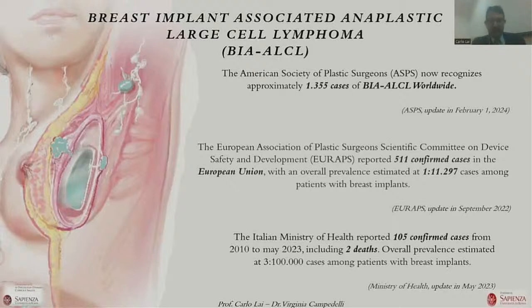And in Italy, we have a very low prevalence. So we have to understand the meaning of this low prevalence in Italy. This could probably be due to the difficulty of reporting all the confirmed cases, which could be more than only 105.